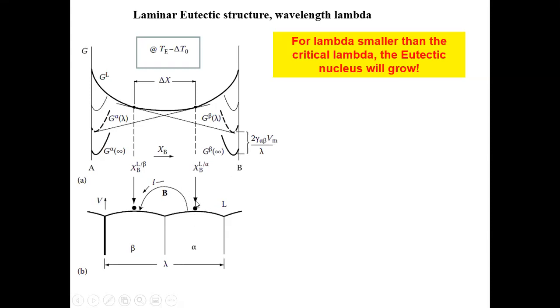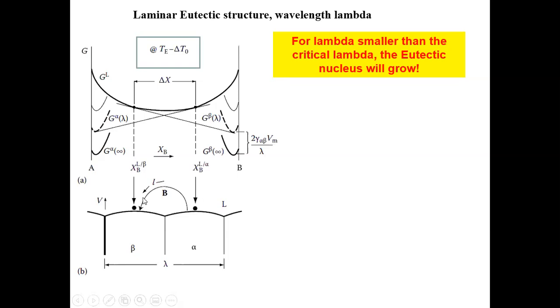So what happens here is that this particular region of liquid wants to repel the B atoms to the liquid region right in front of the beta phase, which wants to take B atoms. And by the same process, this liquid region in front of the beta phase wants to repel A atoms to this region, which is going to be taken by the alpha phase, right?